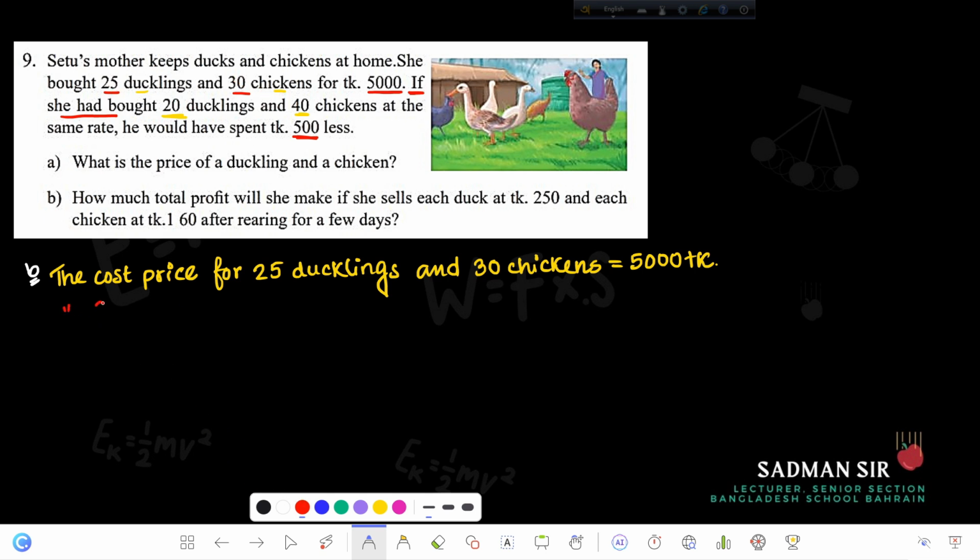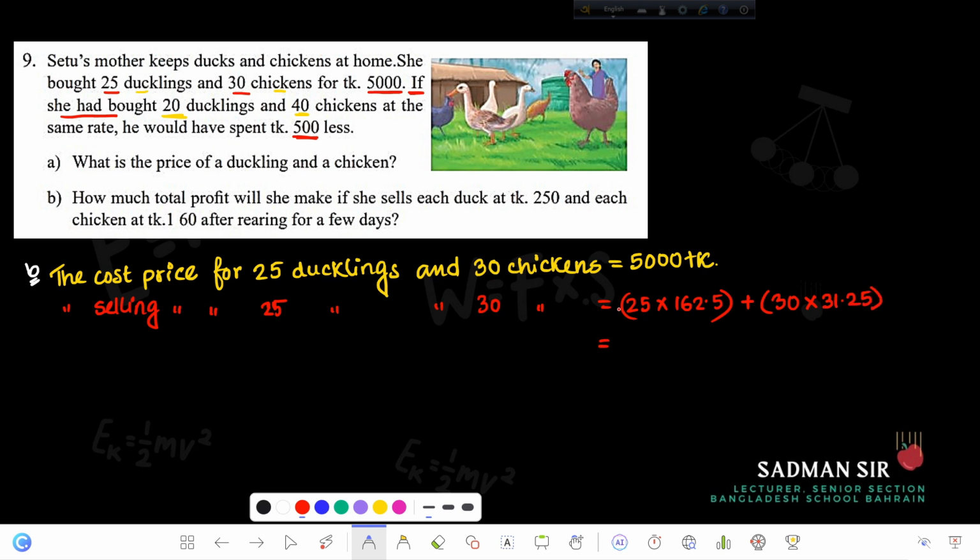Now, the selling price for 25 ducklings and 30 chicken is equal to, now in the previous slide we got to know that the price of a duckling was 162.5. So 25 duckling will be 25 into 162.5, that is the selling price for duckling. Now for chicken we have to add the selling price of chicken also, so that is 30 into 31.25.